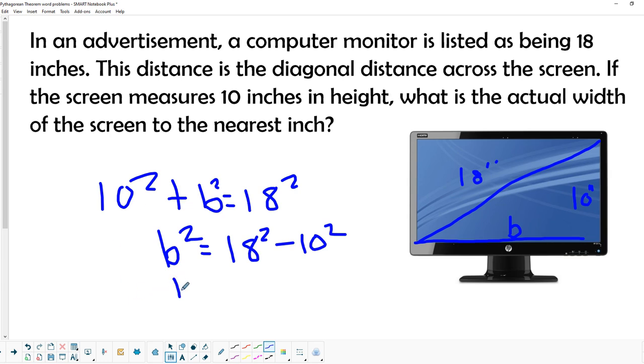So b squared equals 224. And then you do the square root of that, and you get 14.96. All right, so b equals 14.9.